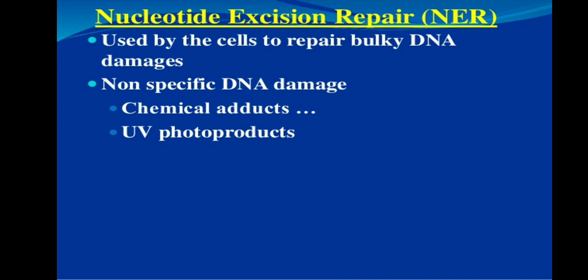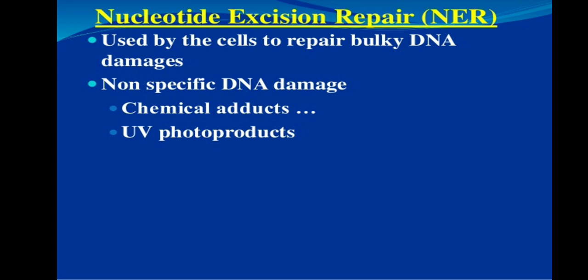Then we'll see the next kind of DNA repair mechanism, that is called nucleotide excision repair. This nucleotide excision repair is also called NER. This is used by the cells to repair bulky DNA damage.